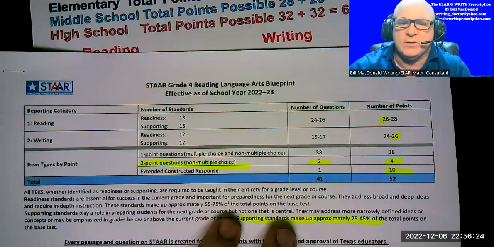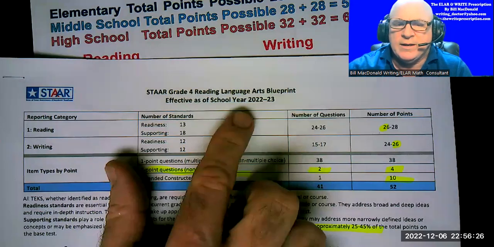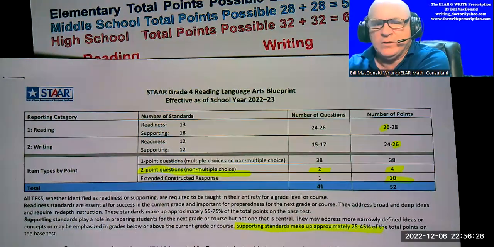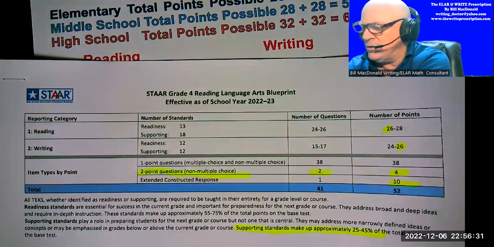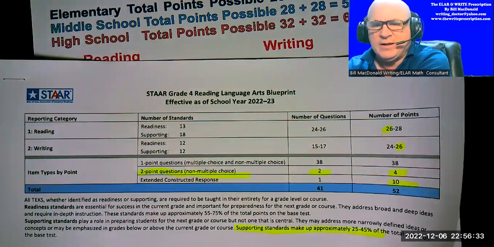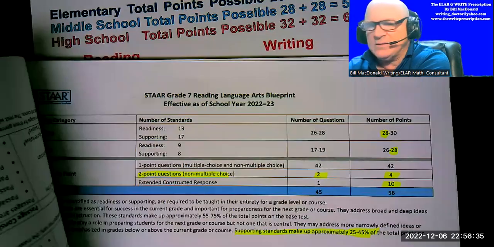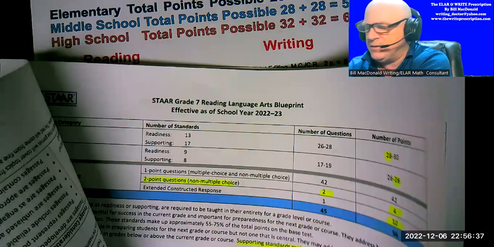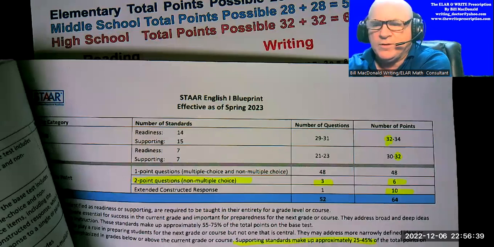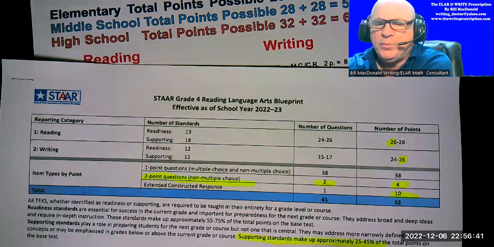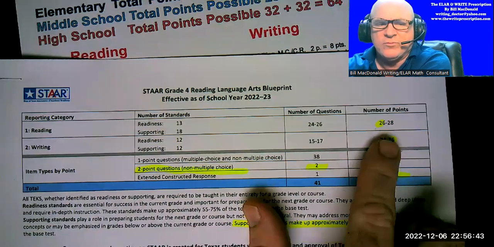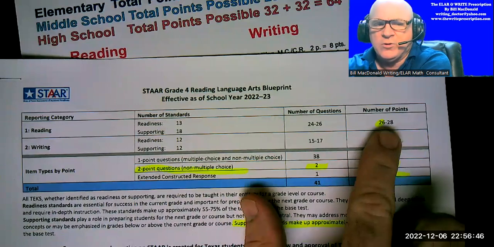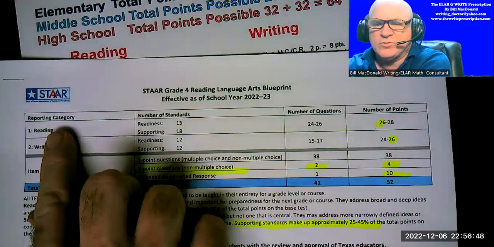All right, so here's the fourth grade blueprint, and as I mentioned, third, fourth, and fifth is the same. It's going to be the same for sixth, seventh, and eighth, which will be the same for ninth and 10th. Okay, so the most important thing to look at here is how many points can I get in reading, category one, versus writing?